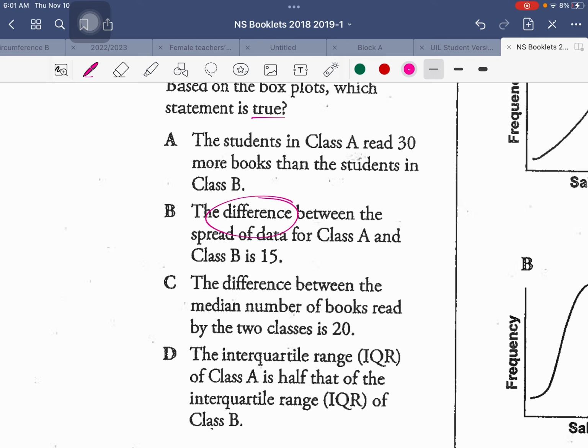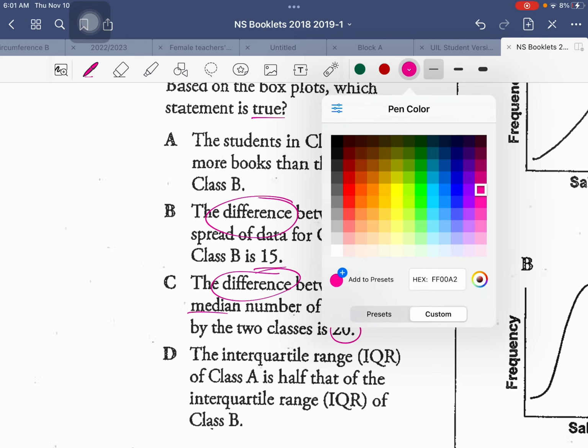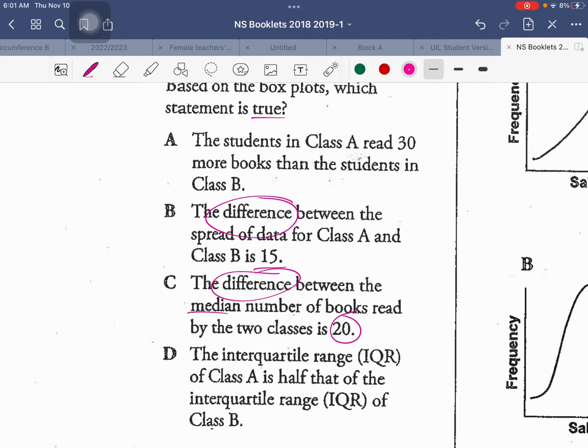Finding both ranges and subtracting them will give me 15. Well, that's going to be easy to check. The difference between the median number of books read by the 2 classes is 20. Okay, so the difference between the medians is 20. And the interquartile range of Class A is half of the interquartile range of Class B. Okay, good.